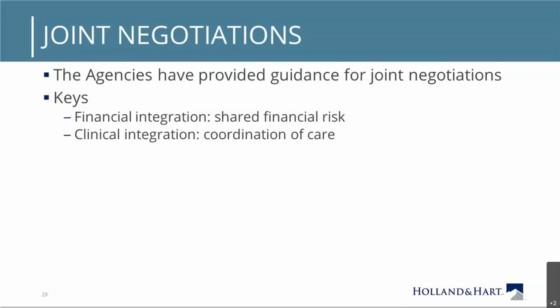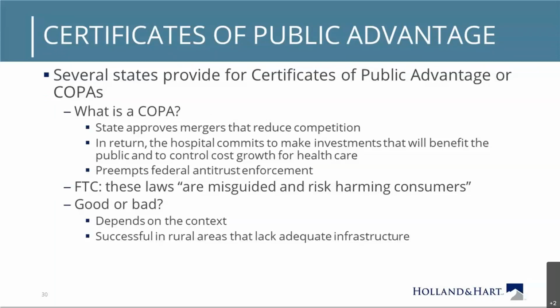Please don't just rely on that. But if you are financially or clinically integrated, you can typically engage in joint negotiations. But be aware that if you are engaged in joint negotiations, there is antitrust risk, and you should seek advice of counsel before you do that.